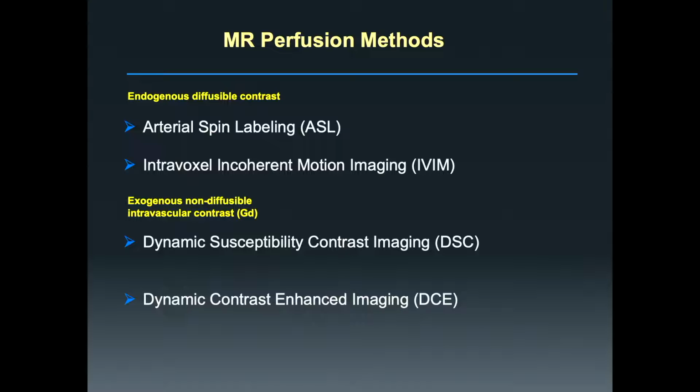We are going to focus on contrast-enhanced perfusion imaging because that's really done more routinely across institutions, where you inject gadolinium, and you can do dynamic susceptibility contrast imaging, DSC, and dynamic contrast-enhanced imaging, DCE.